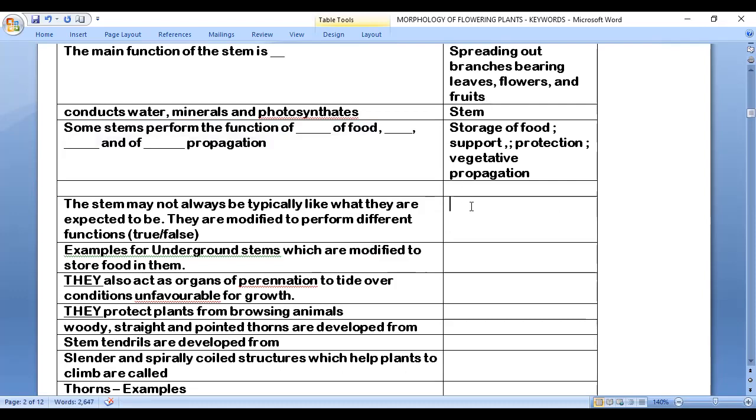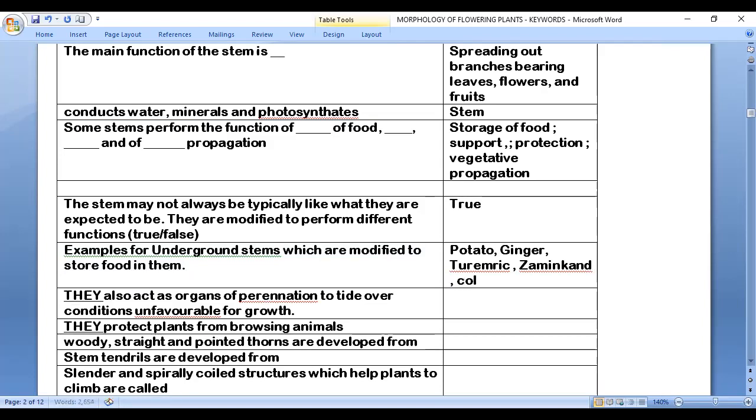The stems may not always be typical of what they are expected to be. They are modified to perform different functions. Examples of underground stems, which are modified to store food, are potato, ginger, turmeric, zamikand and colocasia.